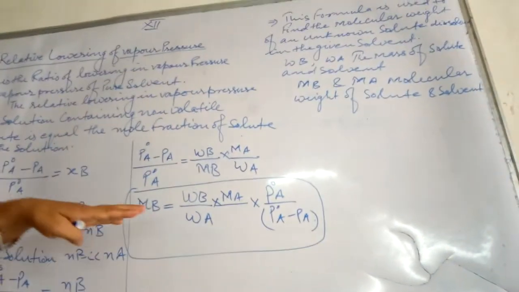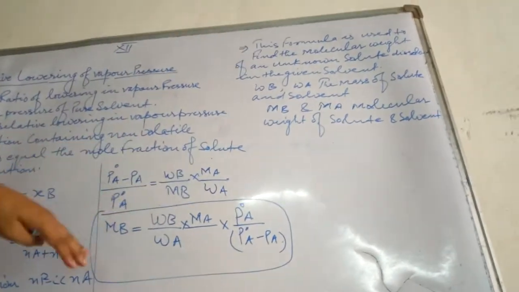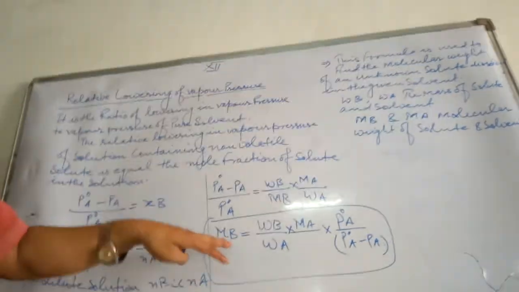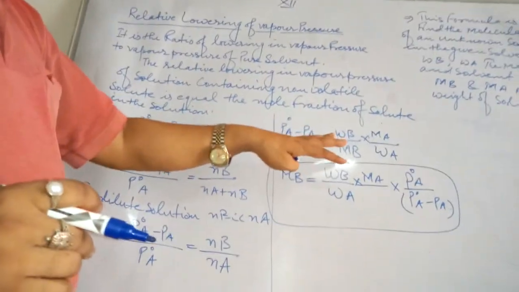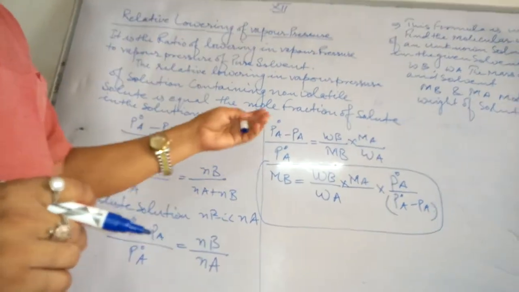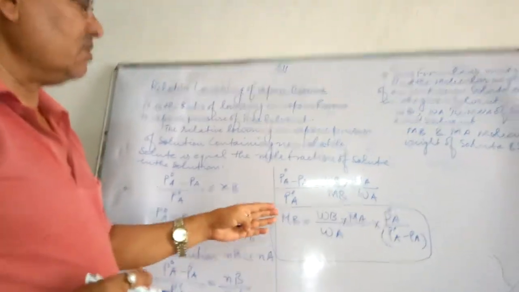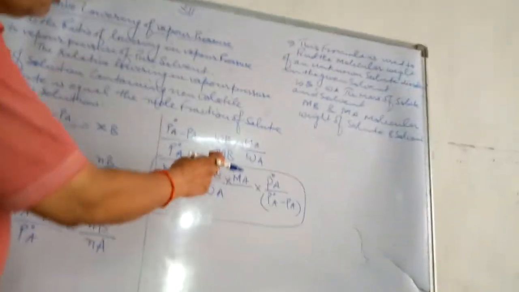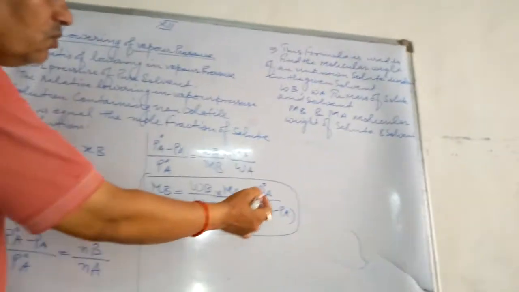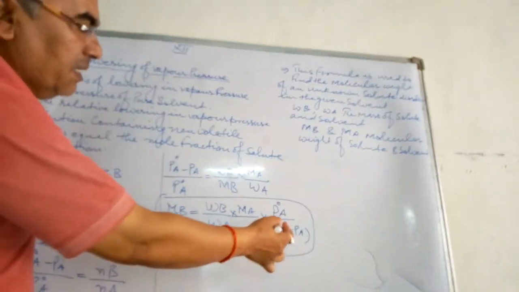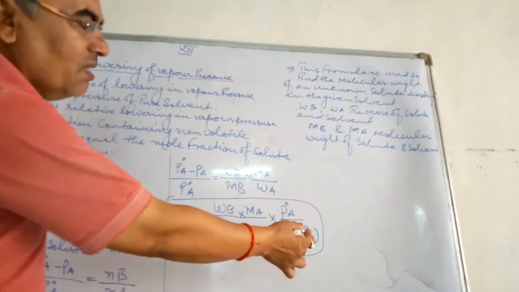So ultimately by this formula we can calculate the molecular weight of an unknown non-volatile solute by putting the value of MB here. MB is equal to WB upon WA into MA into P0A upon (P0A minus PA).